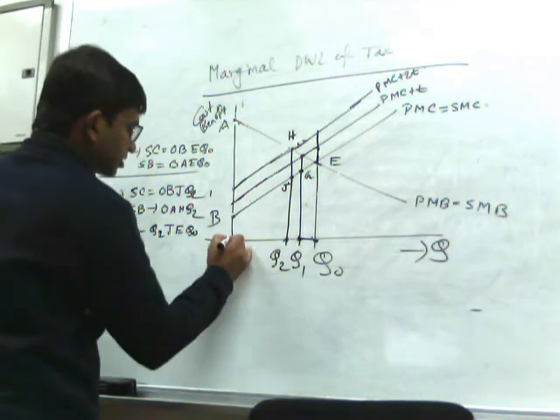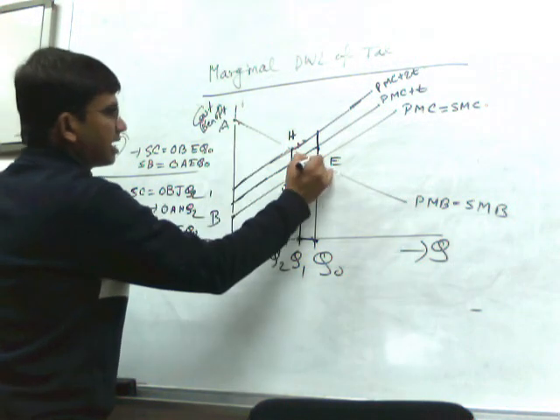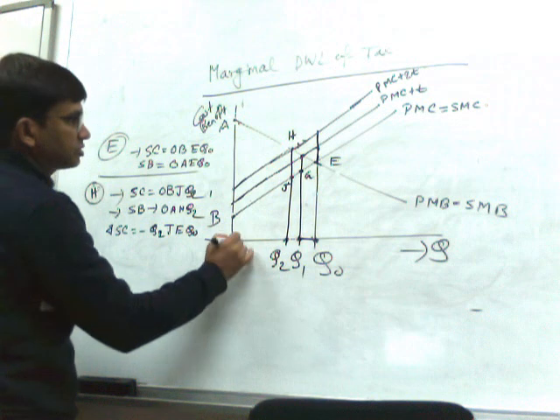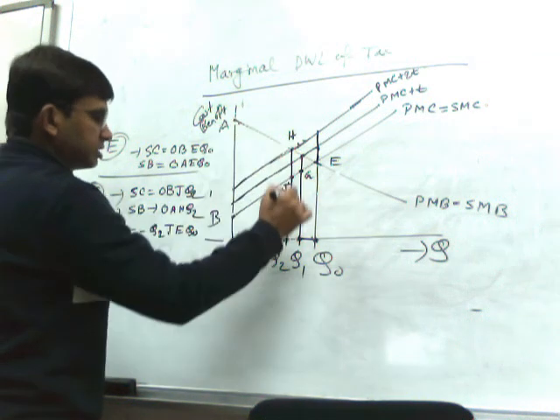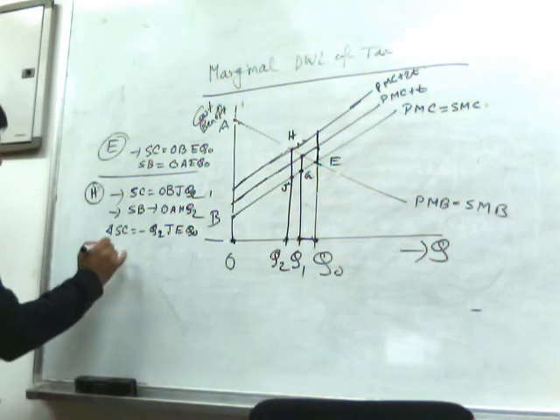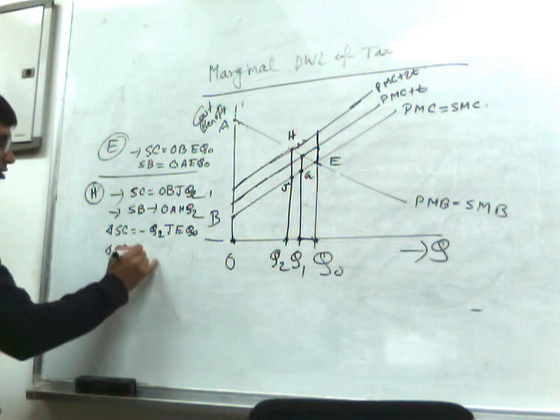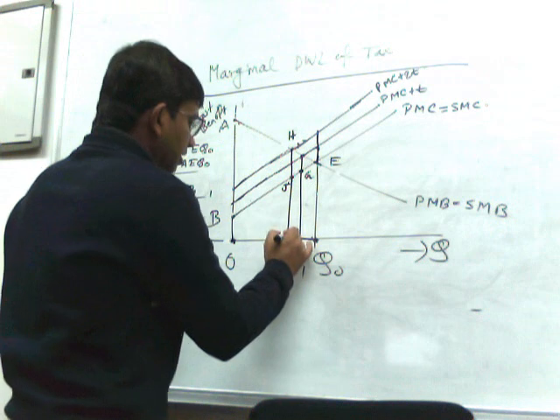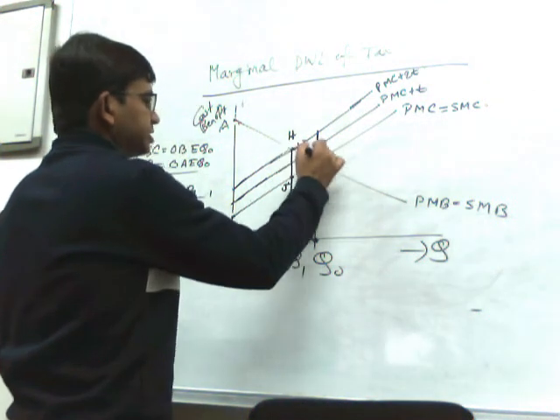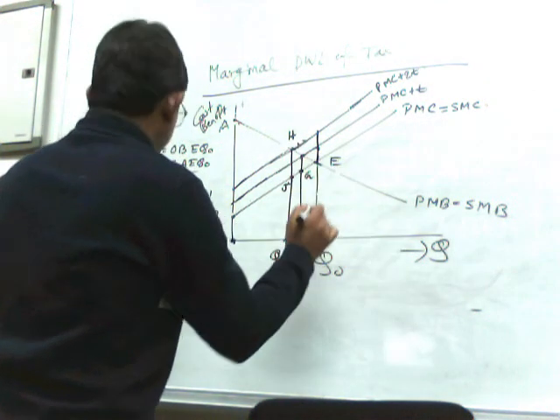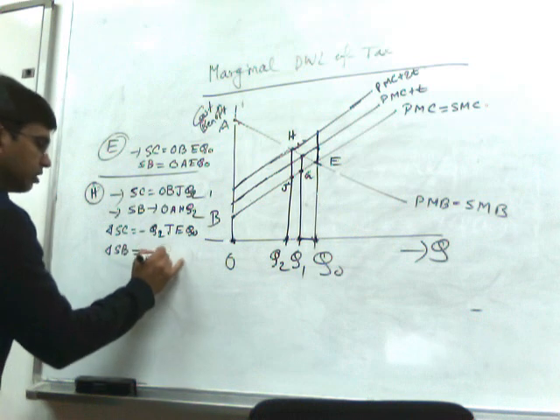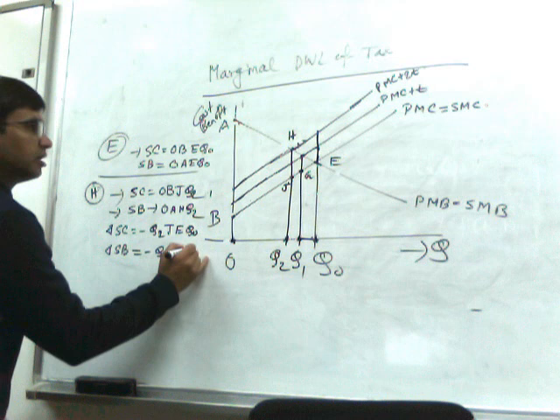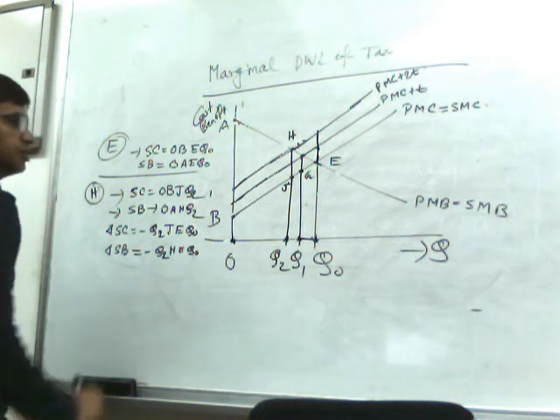Initially social benefit was O, A, E, Q0. Now the social benefit is O, A, H, Q2. So the decline in social benefit equals Q2, H, E, Q0, the area of the quadrangle Q2, H, E, Q0.